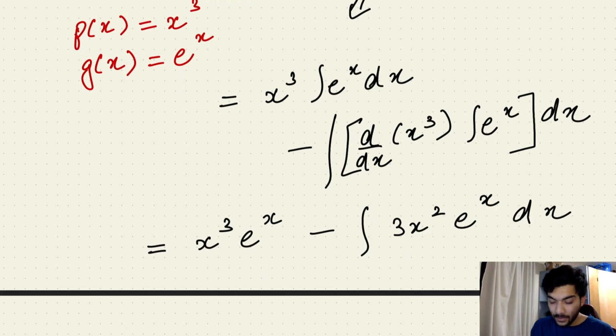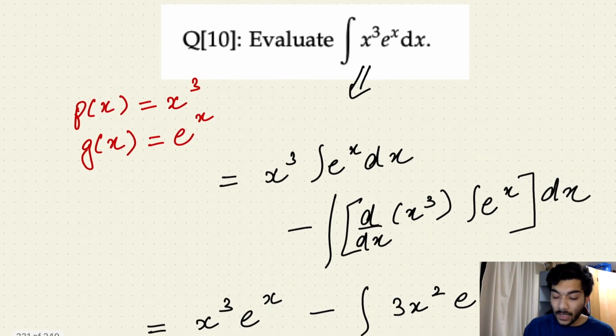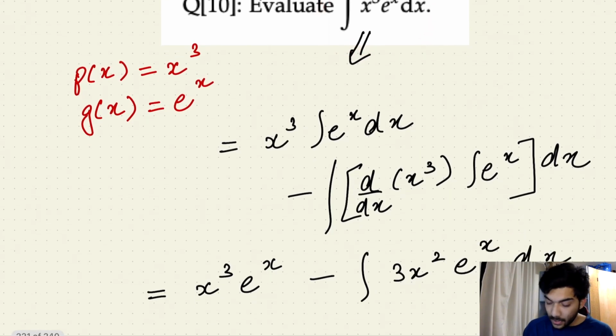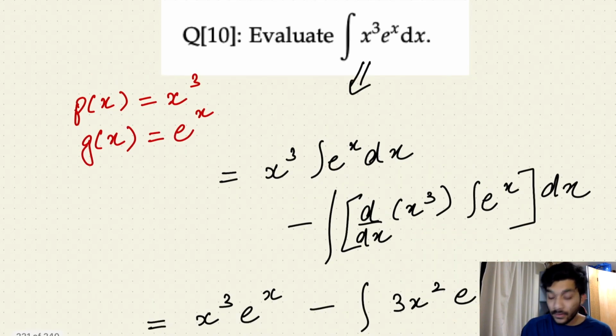So now we can see that we originally had x cube e to the power x, and we wanted to calculate the indefinite integral of this expression, and now we have an x square e to the power x expression, right? So now we realize in this case that if we follow this approach, we have rather simplified our expression into a simpler expression than this one, right?